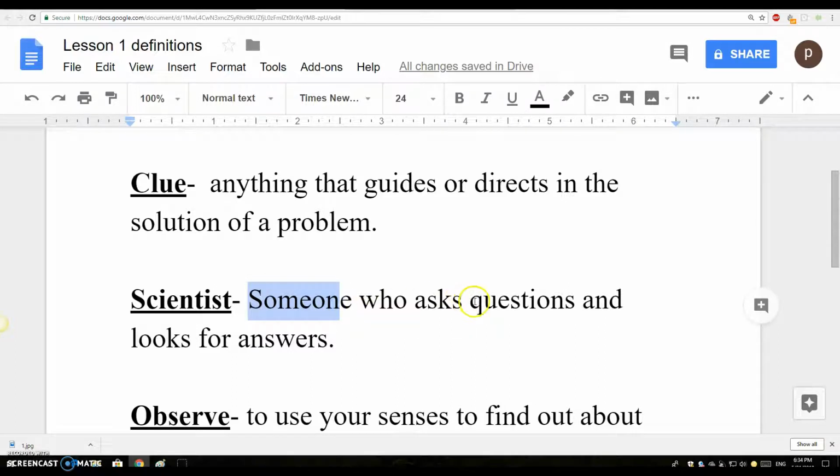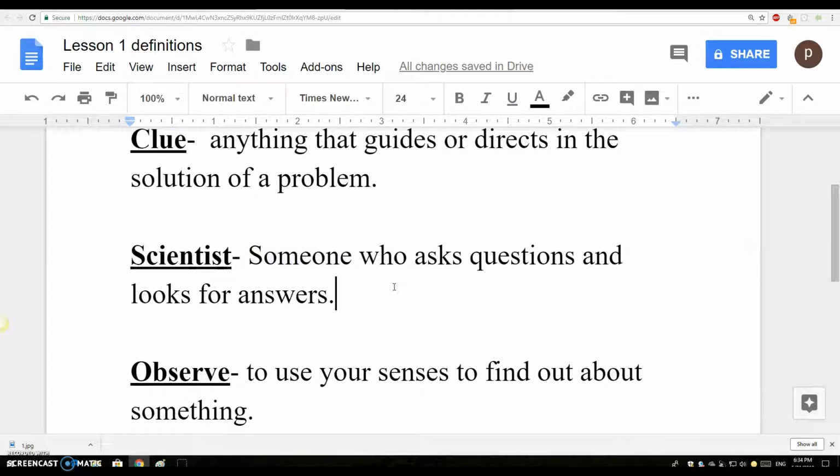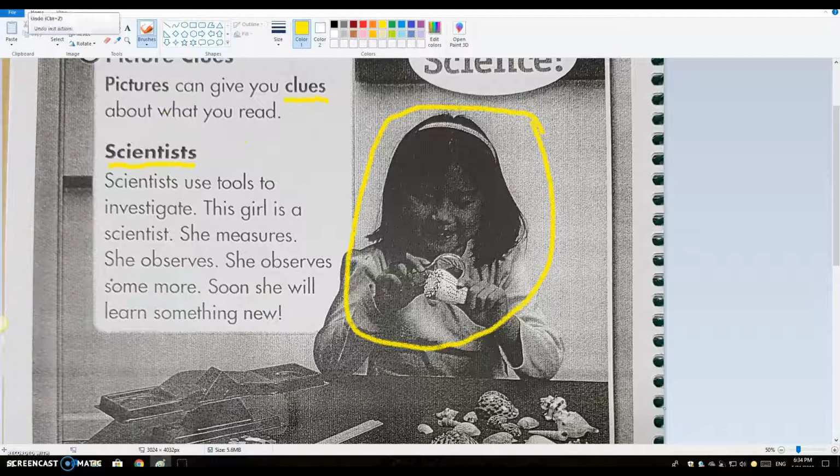Someone who asks questions and looks for answers. Anyone can be a scientist. A kid can be a scientist, like this girl. An adult can be a scientist. Anyone who asks questions and looks for answers.